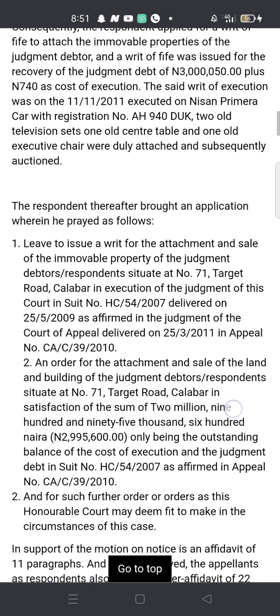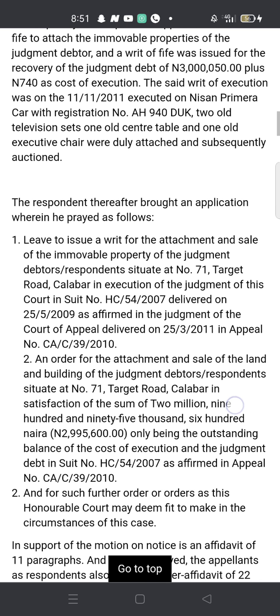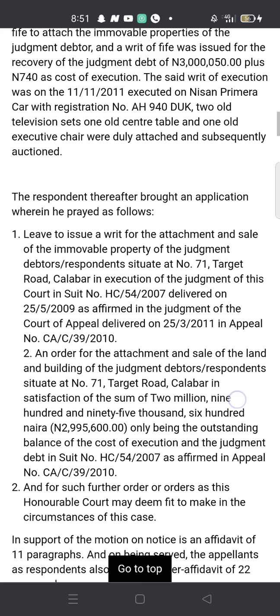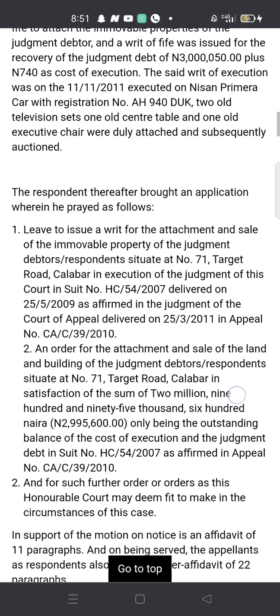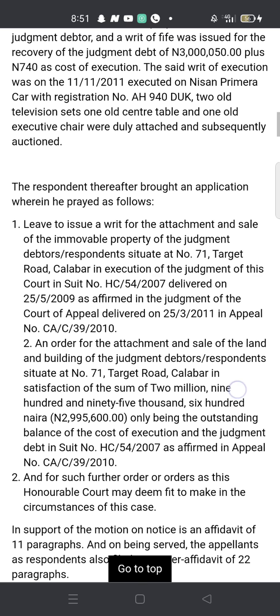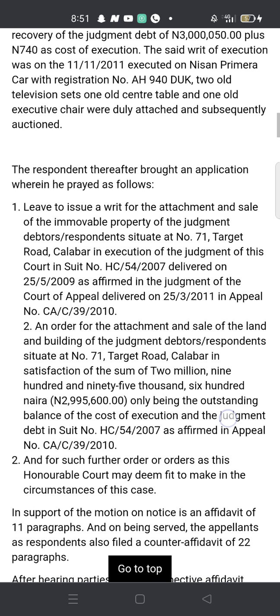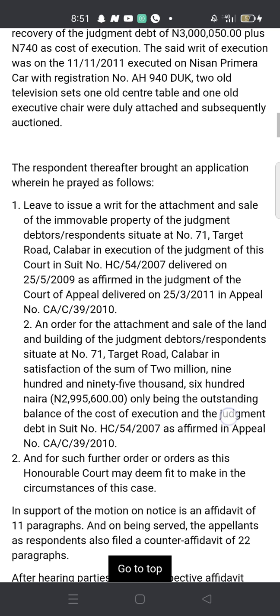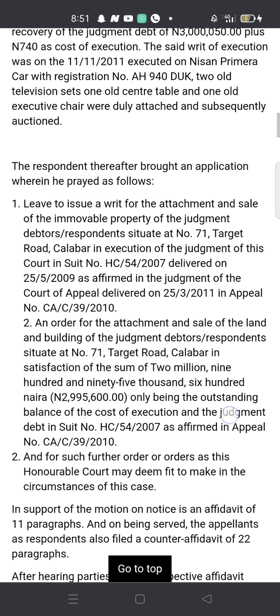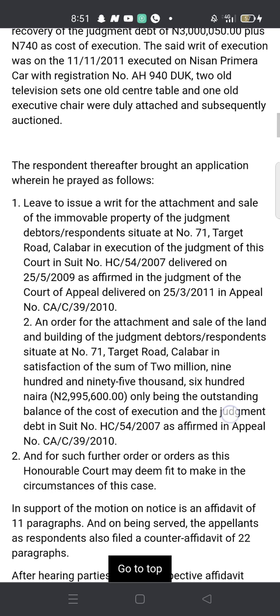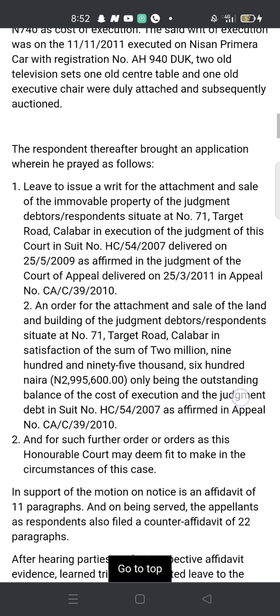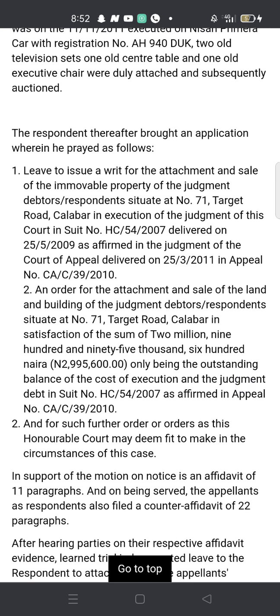Leave to issue a writ for the attachment and sale of the immovable property of the judgment debtors/respondent situate at number 71 Target Road, Calabar, in execution of the judgment of this court in suit number HC 54/2007, delivered on 25th of May 2009, as affirmed in the judgment of the Court of Appeal delivered on 25th of March 2011 in appeal number CAC 39/2010.